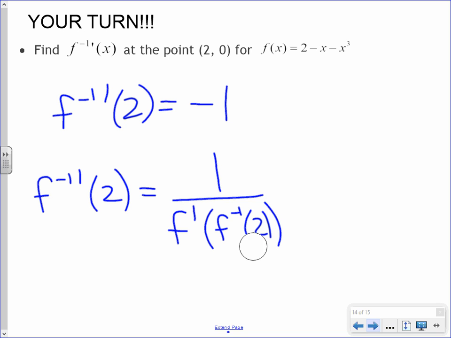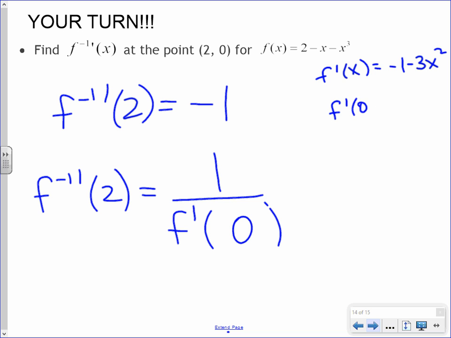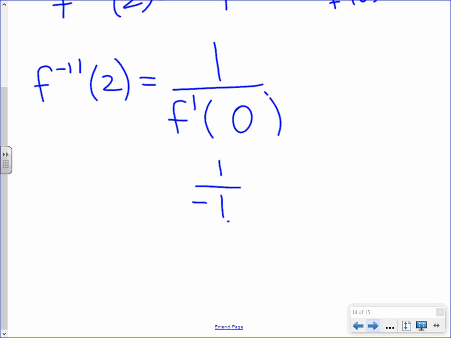So we replace this with 0. Then we find our derivative, which is negative 1 minus 3x squared. And so then we can plug 0 into there. Get negative 1. So now we have 1 over negative 1.